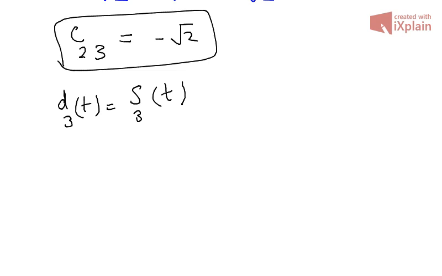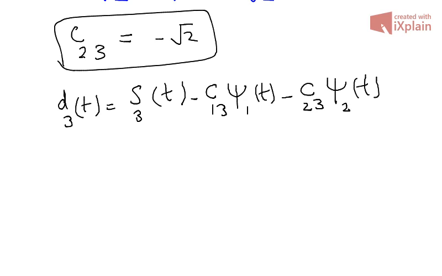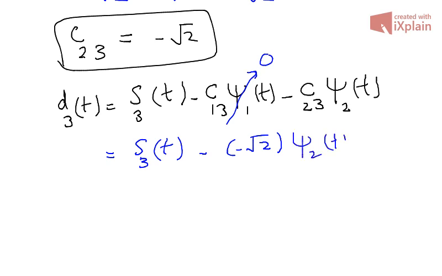We already found that C13 is 0, so we subtract C13 psi 1 minus C23 psi 2 of t. The first one is 0, so we only have this projection. So this is S3 of t minus square root 2 times psi 2 of t.